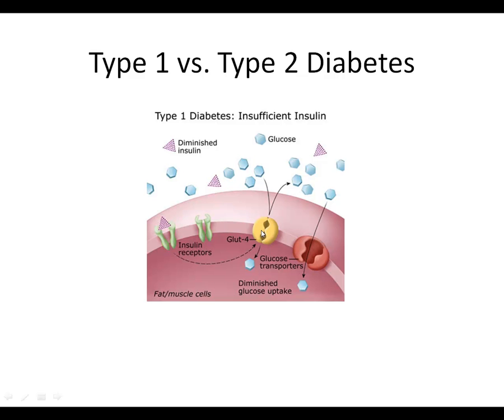The GLUT4 receptor is said to be insulin activated. What happens is when insulin is released, it binds to these receptors that are on the membranes of the cells.